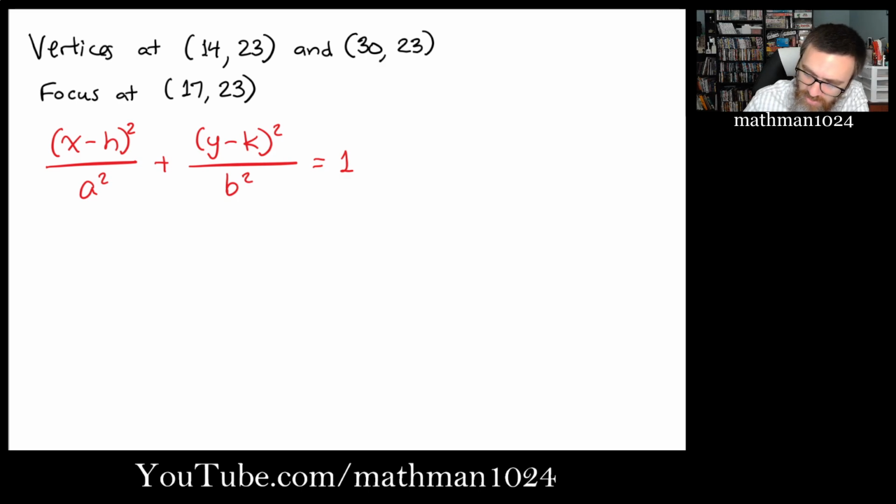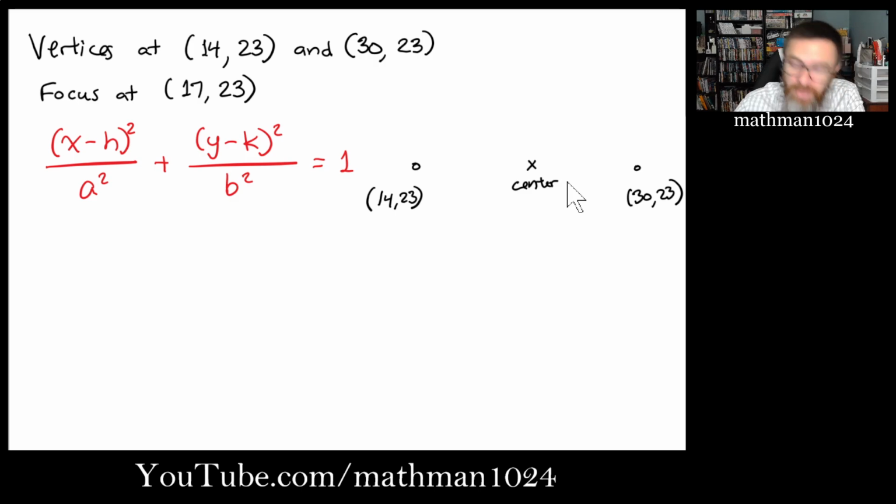All right, so if I were to just try to get an idea about what's going on here, I have vertices at (14, 23) and over here at (30, 23). In and of itself, it doesn't give us the equation, but it can tell us the location of the center, because the center will be the midpoint between these.